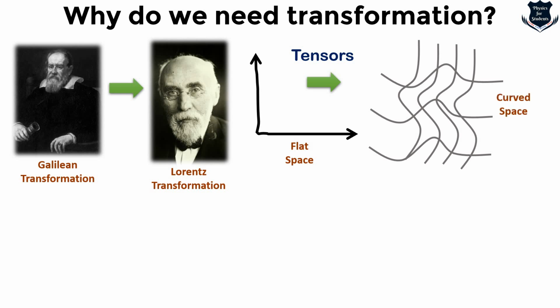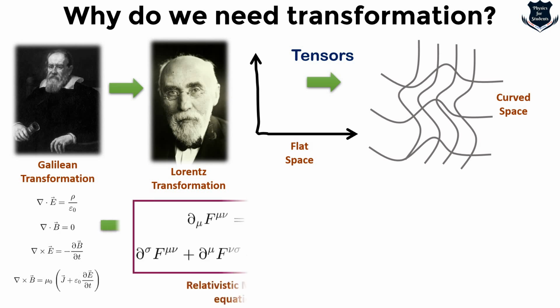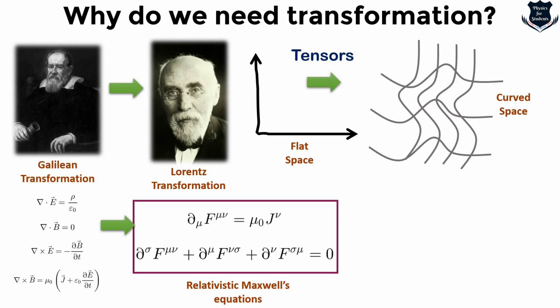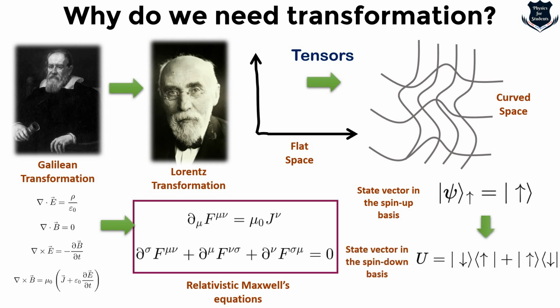So here is also a need of another transformation. We also see that once Maxwell's equations are made into relativistic equations, then we also need a transformation of equations, how these things will be transformed into relativistic form. In spite of the transformation, the laws of physics will be the same. Also in quantum mechanics, suppose we have a state vector in the spin-up basis. We want to transform this state vector to the spin-down basis, and the unitary matrix that transforms between the two bases is given by this.